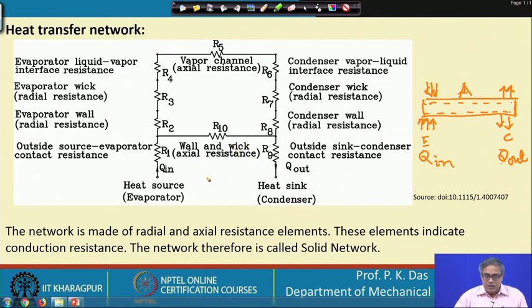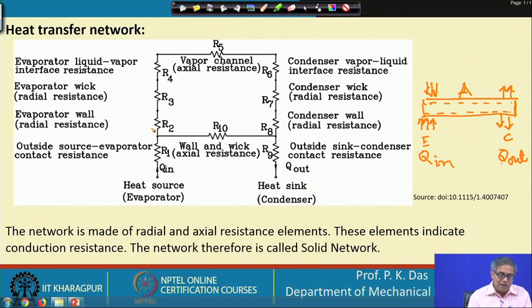As I can tell you, these resistance elements, sometimes they are axial resistance and sometimes we have to take the radial resistance. So, one path, obviously, if heat enters over here, this is a metallic body. So, some part of the heat will directly go from the evaporator to the condenser through the metallic structure of the wall and of the wick. That is what has been shown by R10, and then there is an elaborate path.